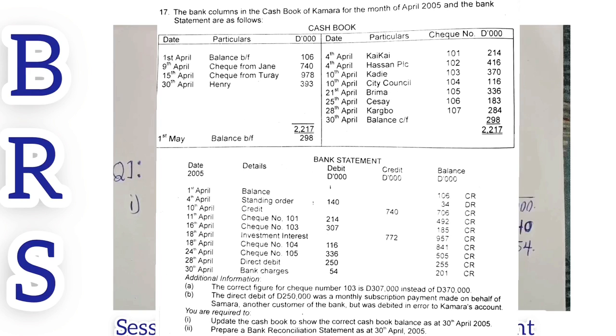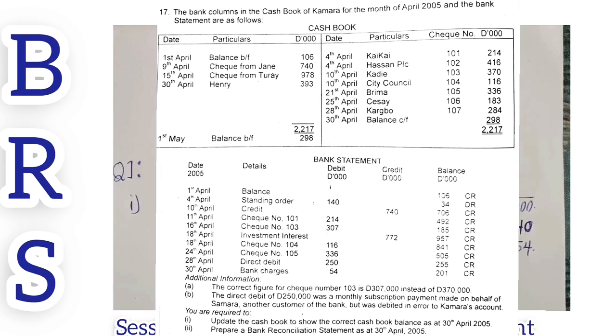So the correct figure for check 103 should be $307,000 and not the $370,000 that is found in the cash book. So the $370,000 found in the cash book is an error. It should have rather recorded 307,000 instead of 370,000.